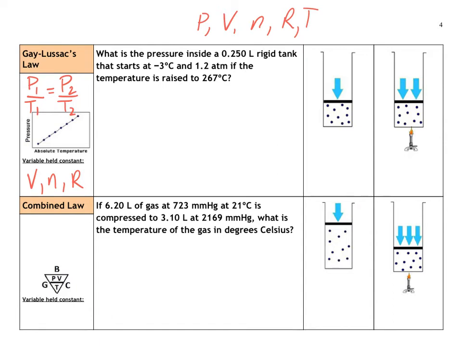And so let's go ahead and look at the illustration, just so that we can have a good sense of what we are conceptually looking at. So temperature is doubling, and we'll notice the moles are staying the same between the before and after container, but the pressure has doubled as well.